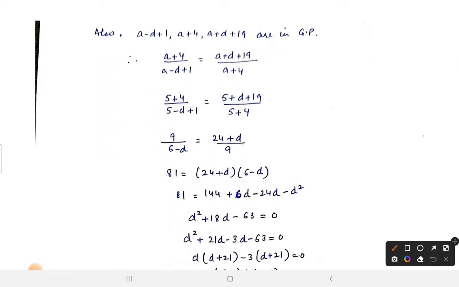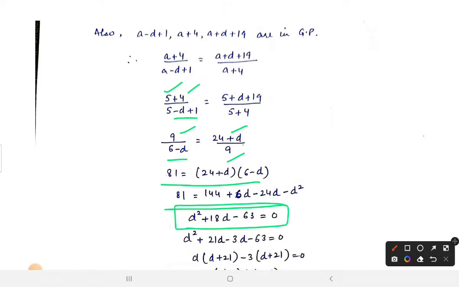So we have 9 over 6 minus D equals 24 plus D over 9. Solve this equation. Cross multiply, and we have the equation D square plus 18D minus 63. By multiplying the numbers we get 63 and by subtracting we should have 18, so the numbers are 21 and 3.